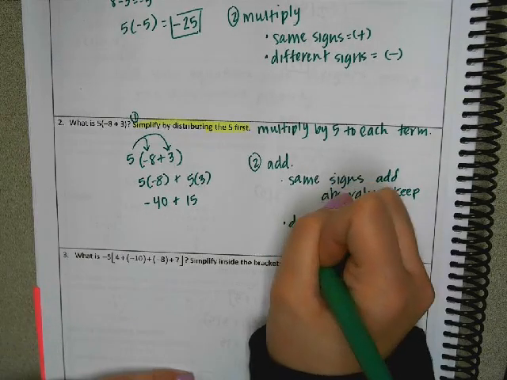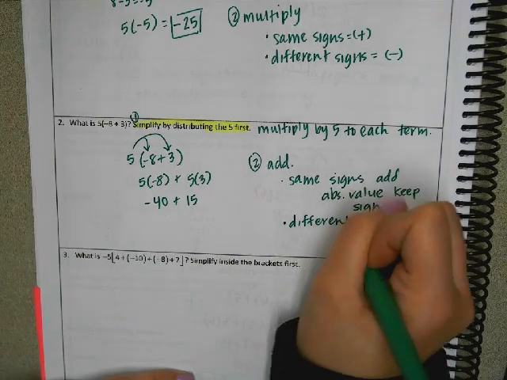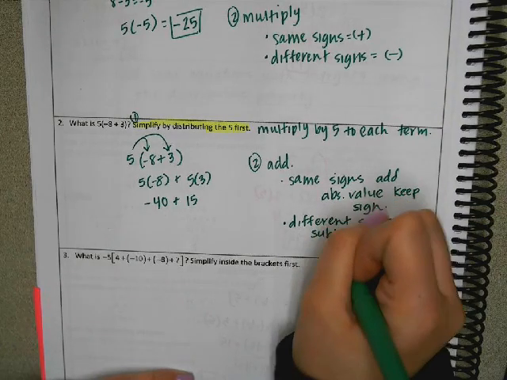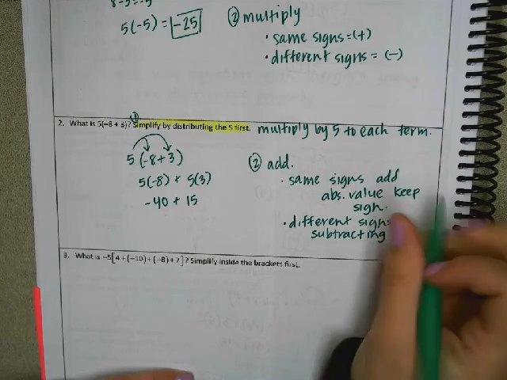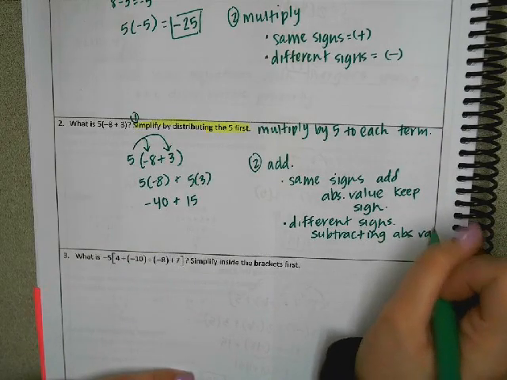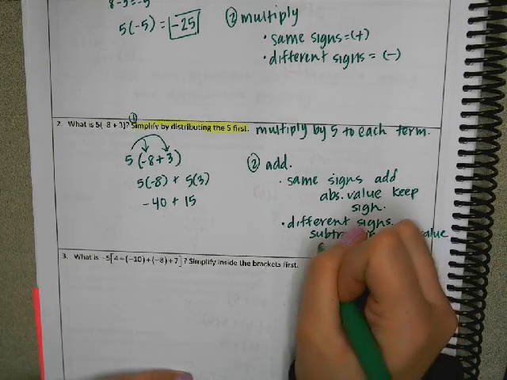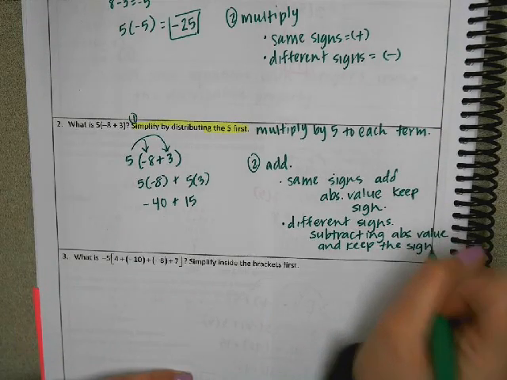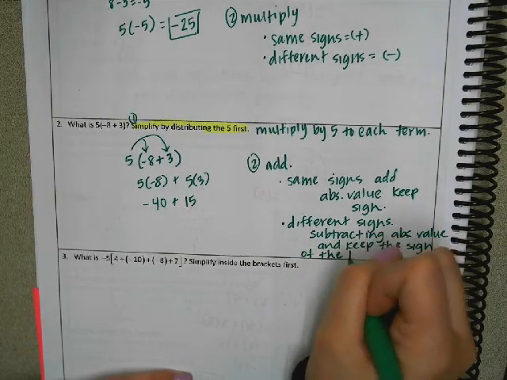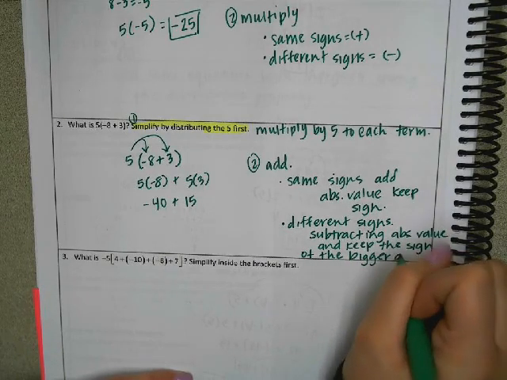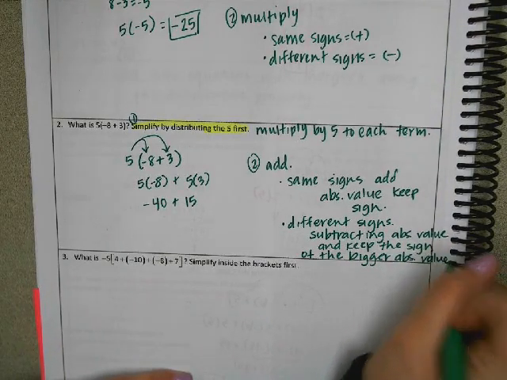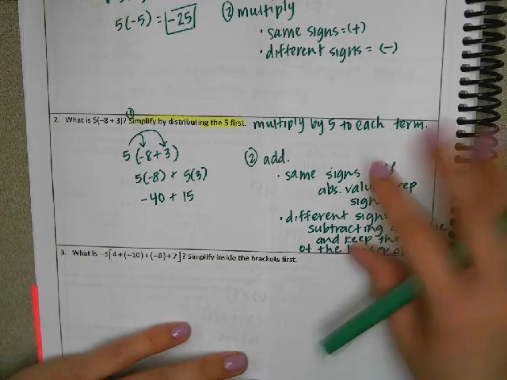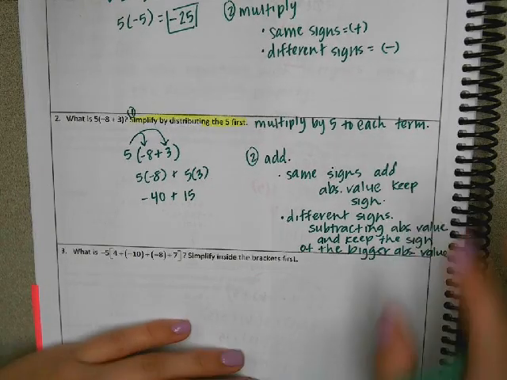And different signs: remember, we are subtracting absolute values and keeping the sign of the bigger absolute value. Okay, I know that was a lot to write, so pause this video and write it down. But these are just the rules that we should have memorized anyways. We worked really hard on them last unit.